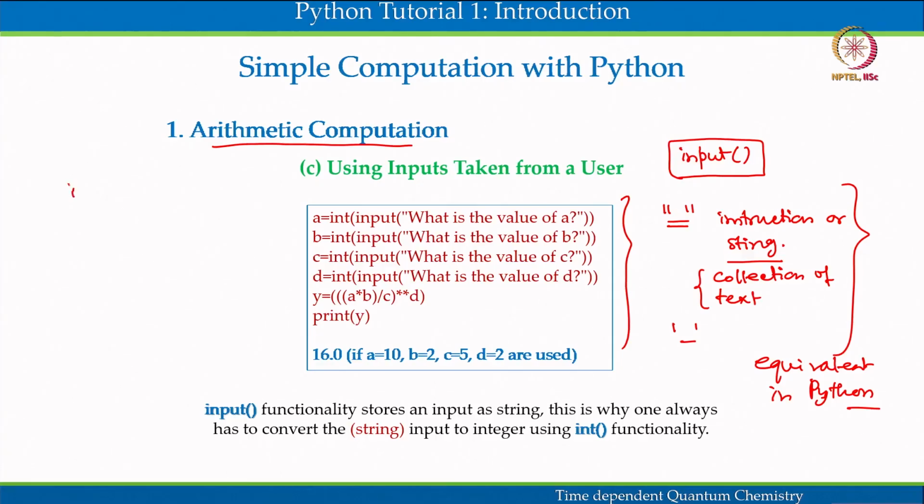Whenever I am using input, any value given through input returns a string. And I cannot use multiplication, division, or arithmetic computation with a string. I need a numerical value.